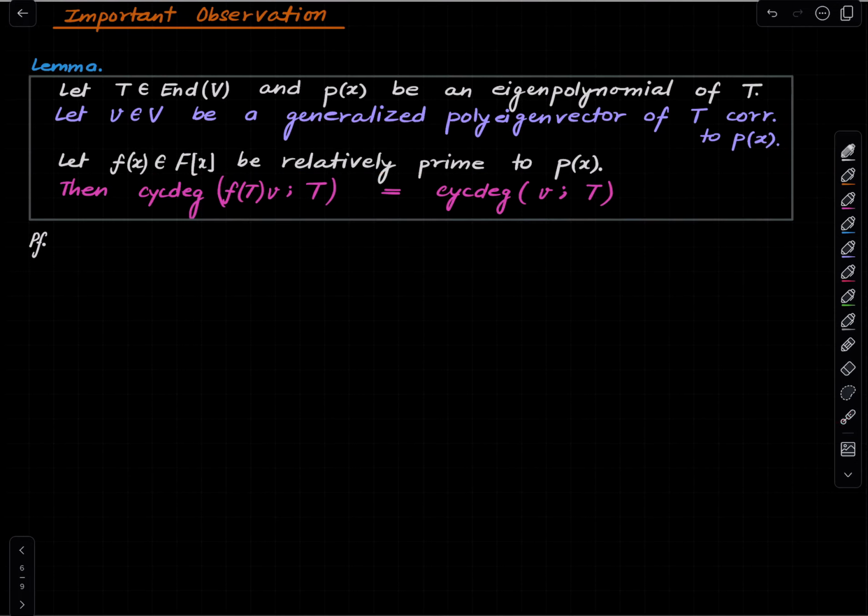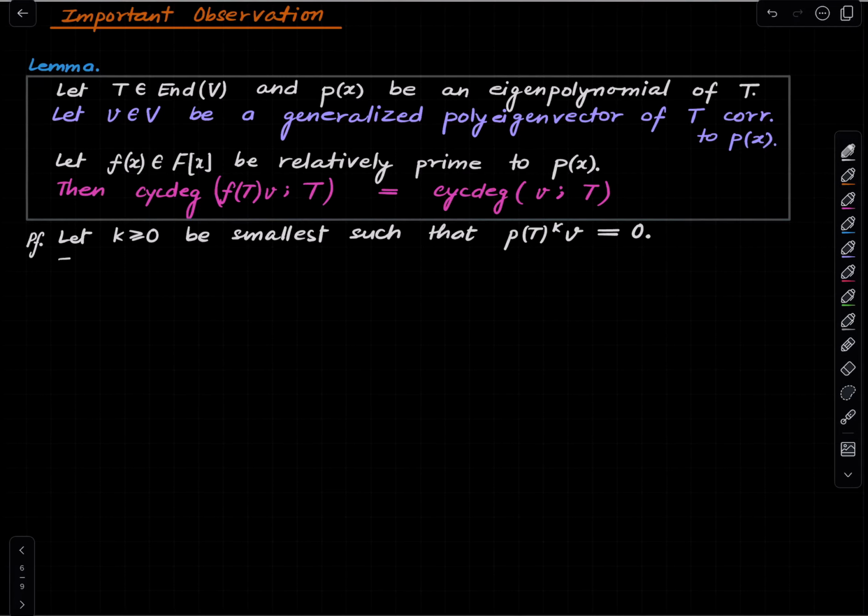Okay, so let k be the smallest non-negative integer such that this happens. Since v is a generalized polyeigenvector corresponding to p(x), such a k must exist. And as we saw in the previous slide, this means that the cyclic degree of v is k times the degree of p(x).